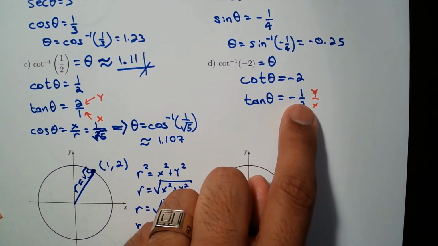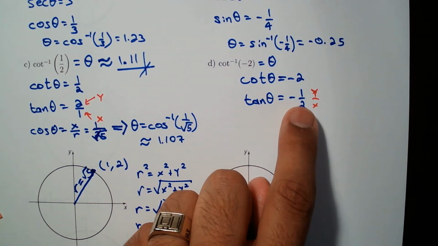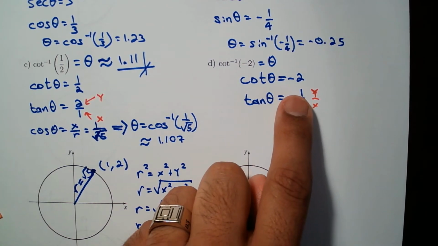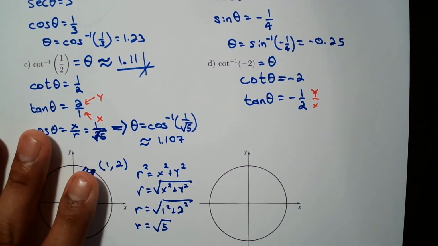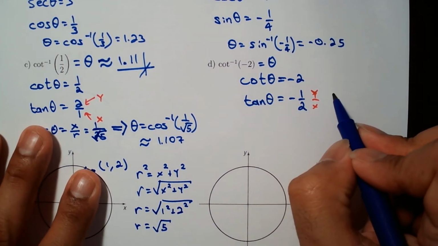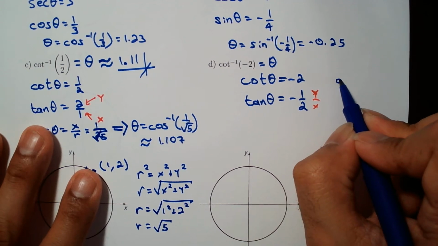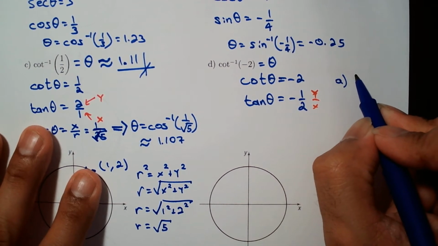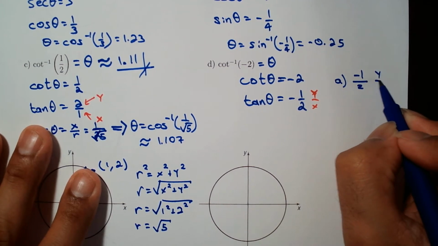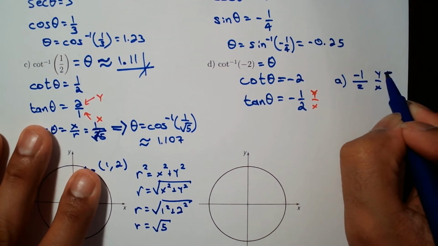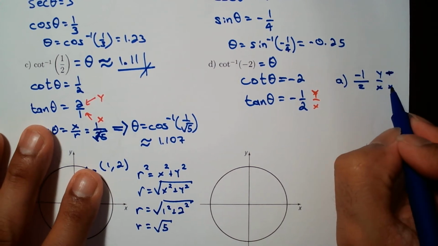Should y be the negative and x the positive, or should y be the positive and x the negative? Well, if the case is -1 over 2, that is y over x, y is negative, x is positive.